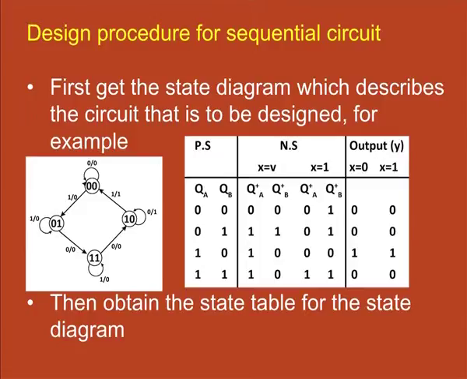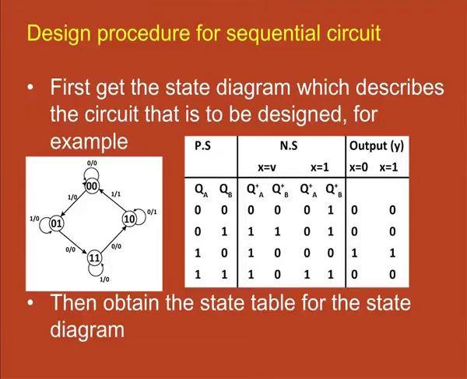After you get the state diagram, find the state table from the state diagram, which is very easy. Here we have 3 columns again: present state, next state and output. Because we have 4 states, we can use 2 flip-flops. The 2 flip-flop outputs can be QA and QB, and that represents the present state.